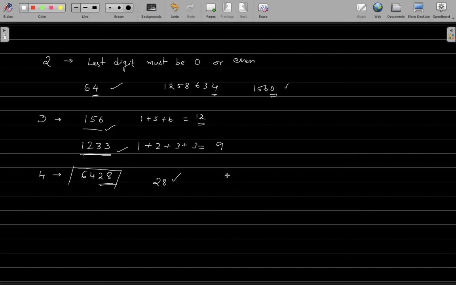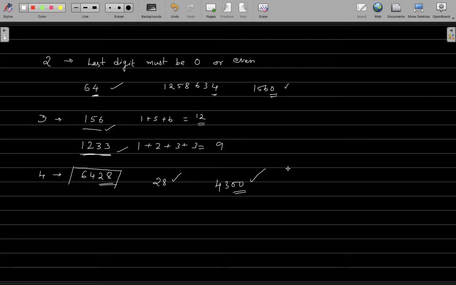Okay, let me give you an example. Whenever you have two zeros or more than two zeros towards the end of the number, say something like 4300, what do you do in this case? Because you have two zeros here or more than two zeros, then you can directly say that the number is divisible by 4.